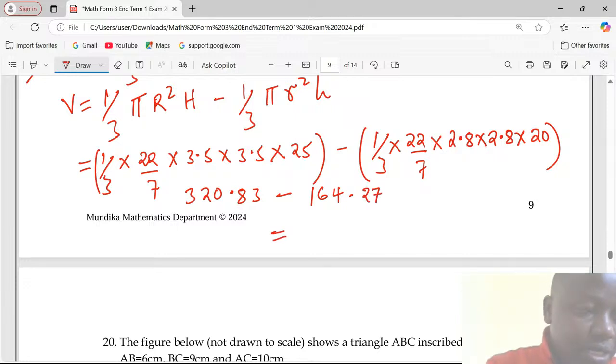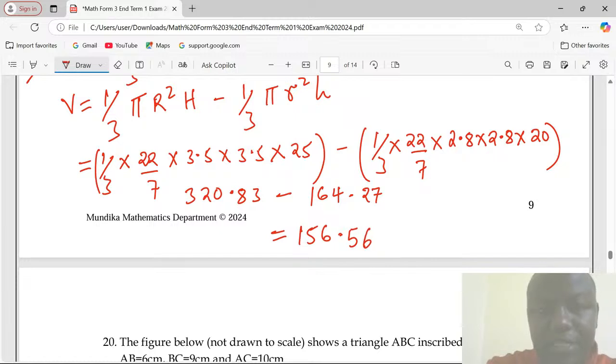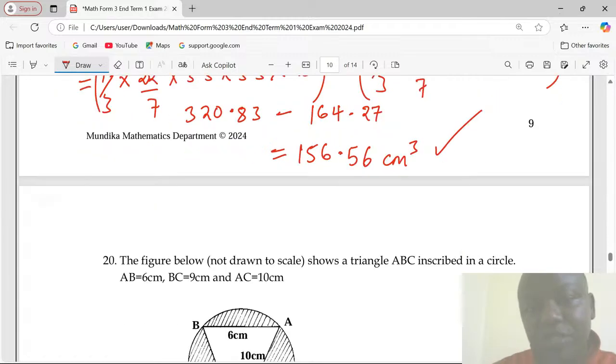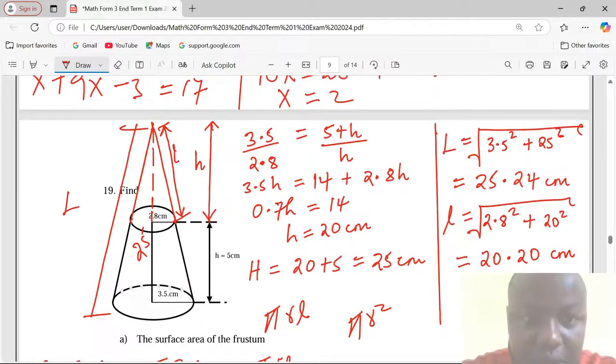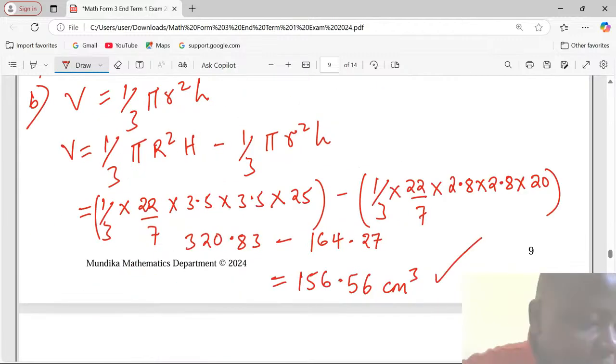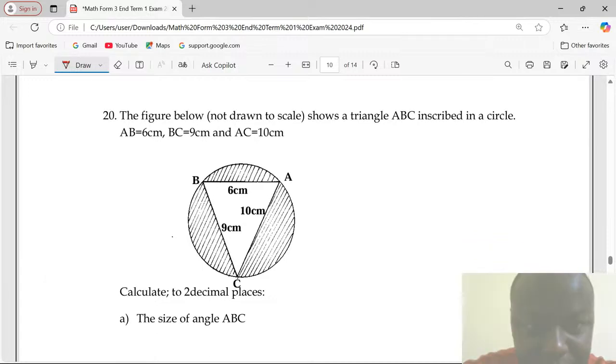So now we can work out the exact volume of this frustum which remained after a cone was cut off. 320.83 minus 164.27, I'm getting exactly 156.56 cubic centimeters. So that's how we get the volume of a frustum which has been obtained from a cone.